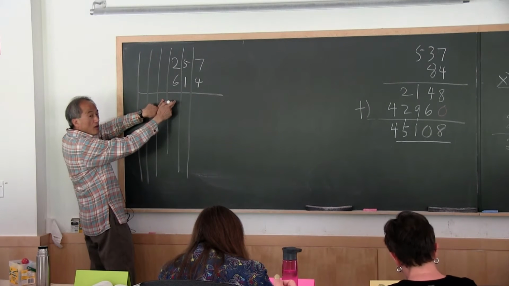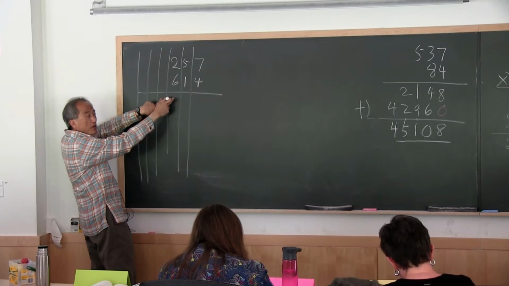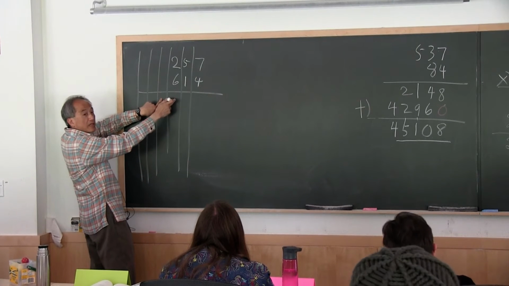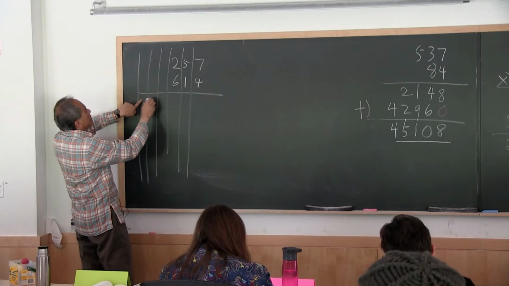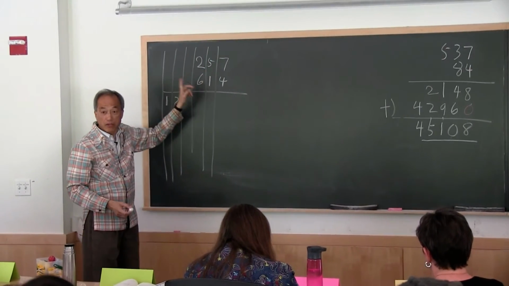No, you have to go. No. Yeah. This should be here, right? The instruction is if you're multiplying by the hundreds digit, you jump twice. So it's 12 here. And 6 times 5 is 30.